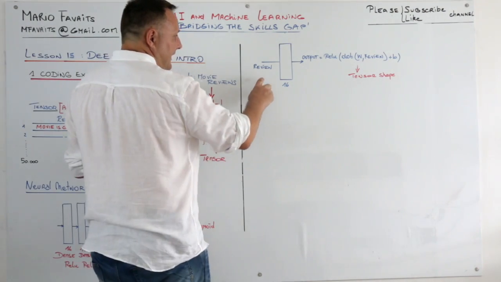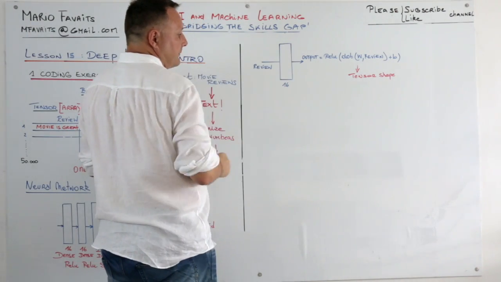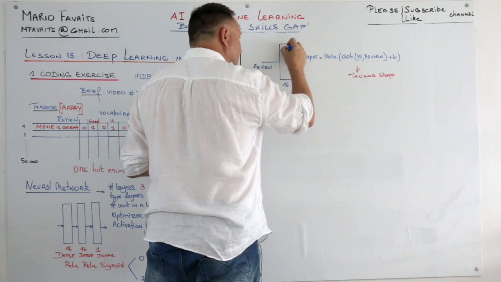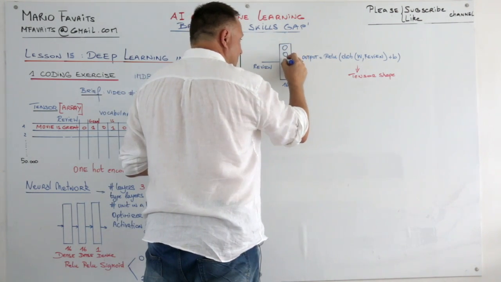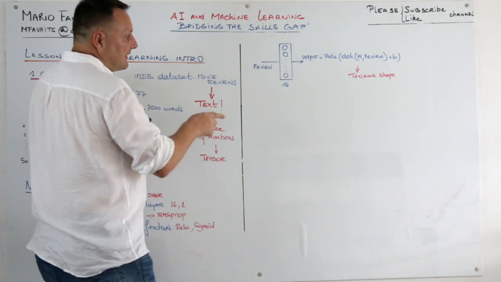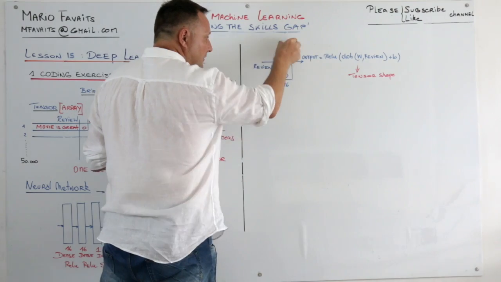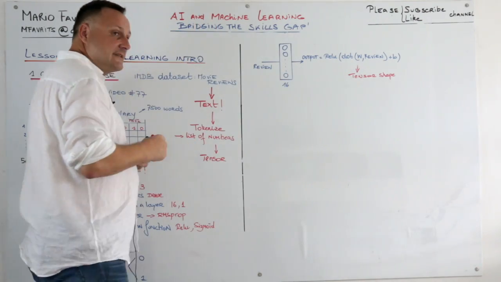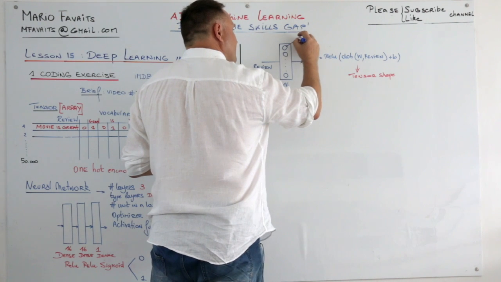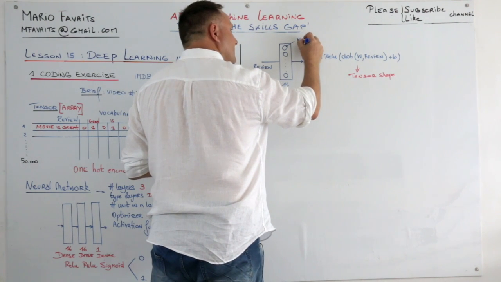I just want you to take a look at one layer now. We have 16 units. Remember these units are these circles. So we have 16 of them, and your review is going to go to these 16 units. And each of these units of course has a weight.